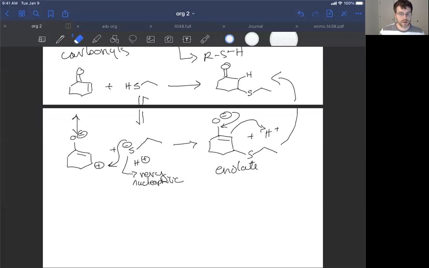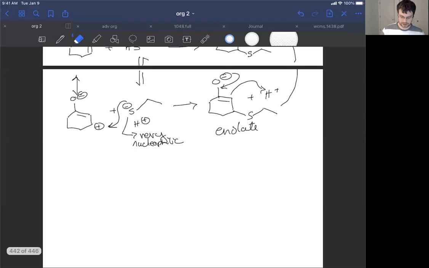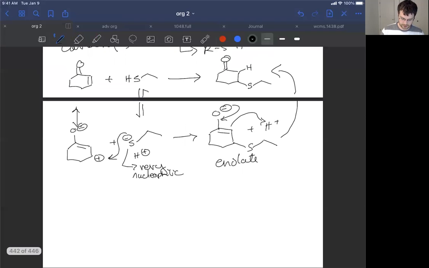Okay, so we're taking advantage of the fact that sulfur is a good nucleophile, and it can add to that carbon that's the beta position of our carbonyl. Let's see, let me get that on screen for you.